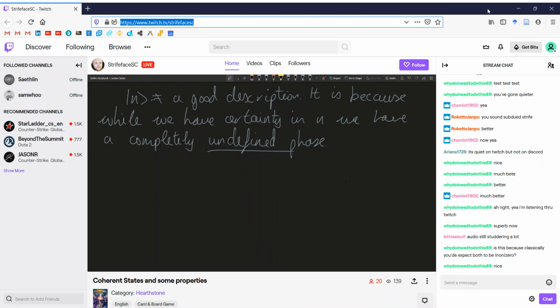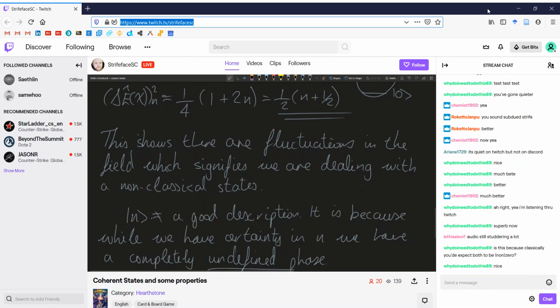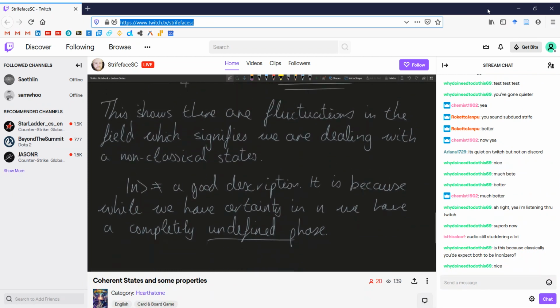So they will follow Heisenberg's uncertainty principle. So when you have completely defined a number, as you do for number states, you have absolutely no information at all about the phase. So that's a very nice way of thinking about this. If you want to look into it more, just look into number and phase being conjugate variables.